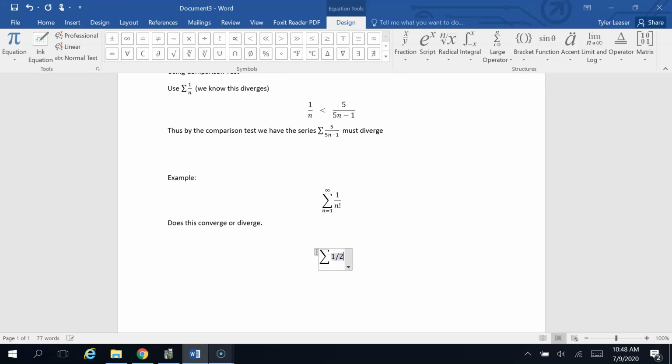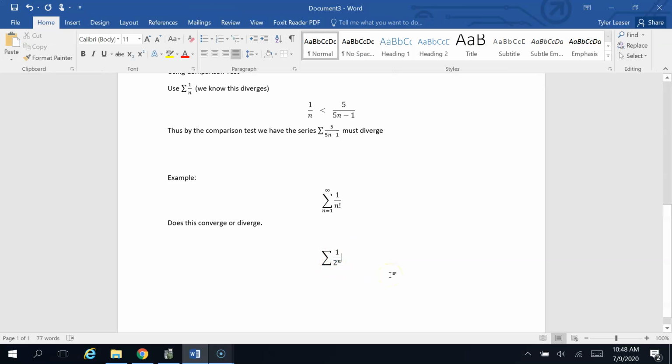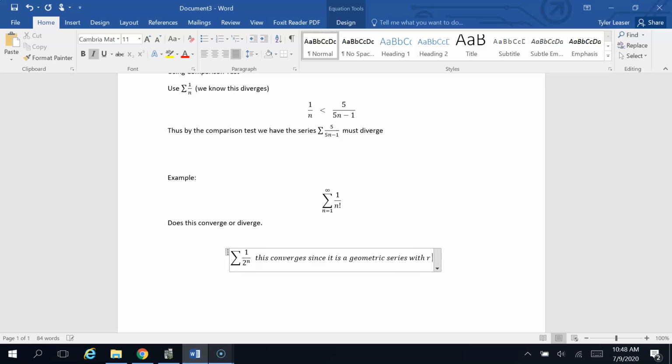For this instance, we're going to use this series, 1 over 2 to the n. This is a geometric series, right? You can take that n out and make this just 1/2 to the n, and we know that this converges, since it is a geometric series with r equal to 1/2.